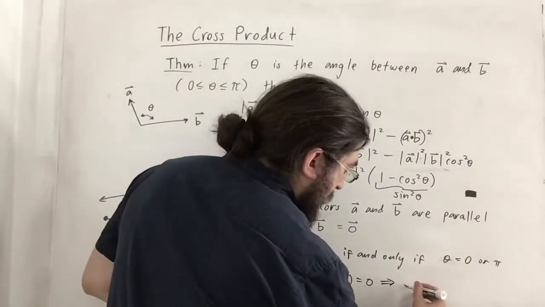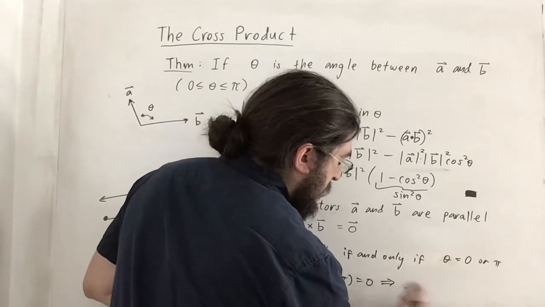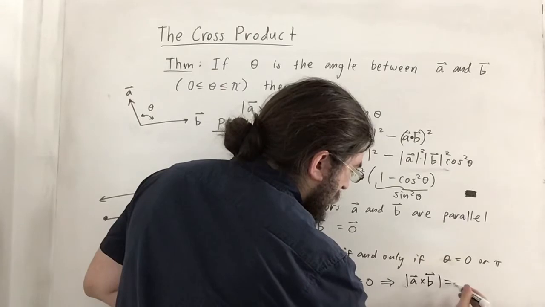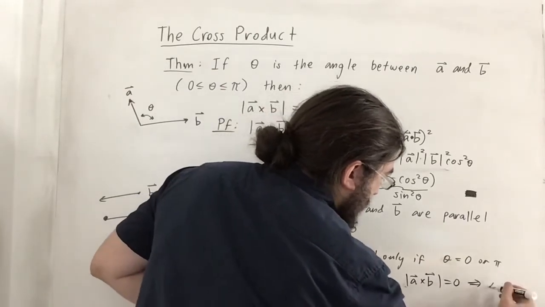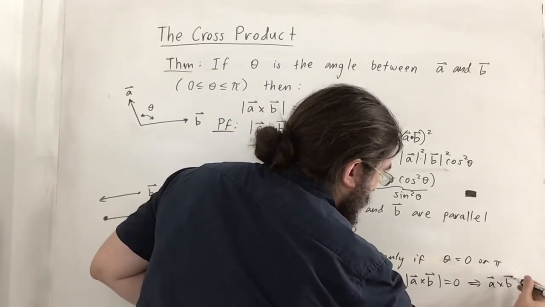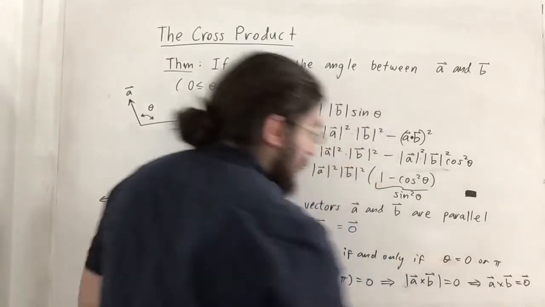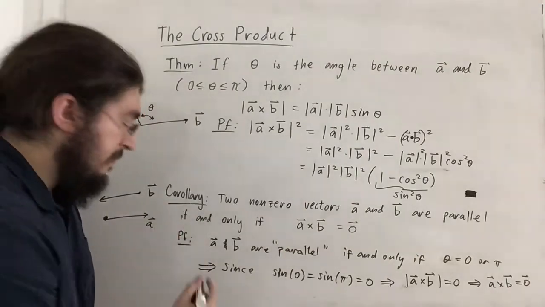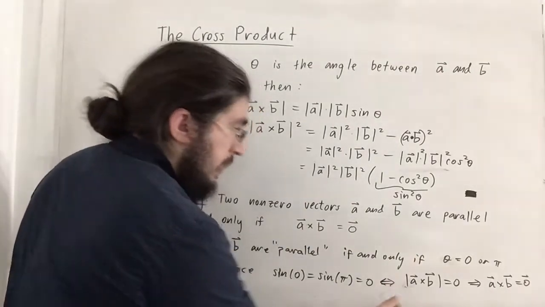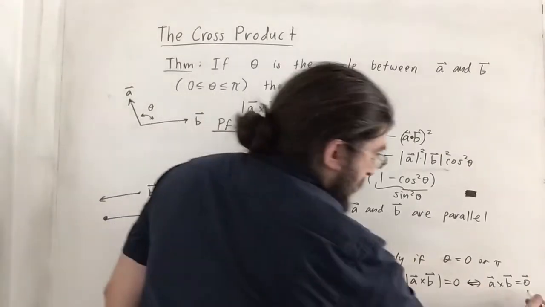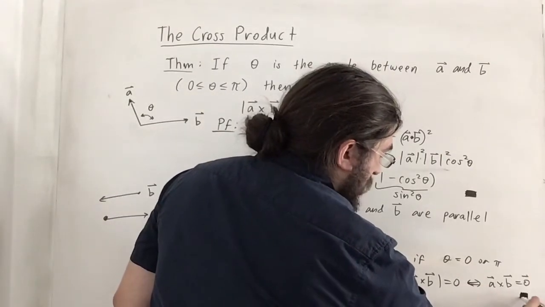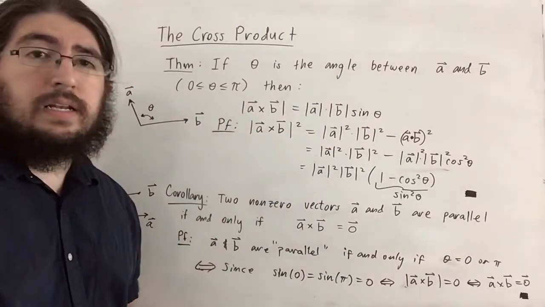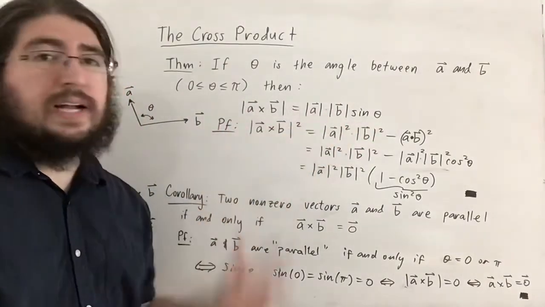So this implies that the magnitude of the cross product is equal to the number 0, which implies that the cross product itself must be the 0 vector, because the only vector that has a magnitude of 0 is the 0 vector itself. And in fact, all of these statements are if and only if. So that completes the proof there. I hope that part was okay. That, I think, is not too hard to handle. But this first proof is definitely a little intense, especially if you prove this fact on your own.